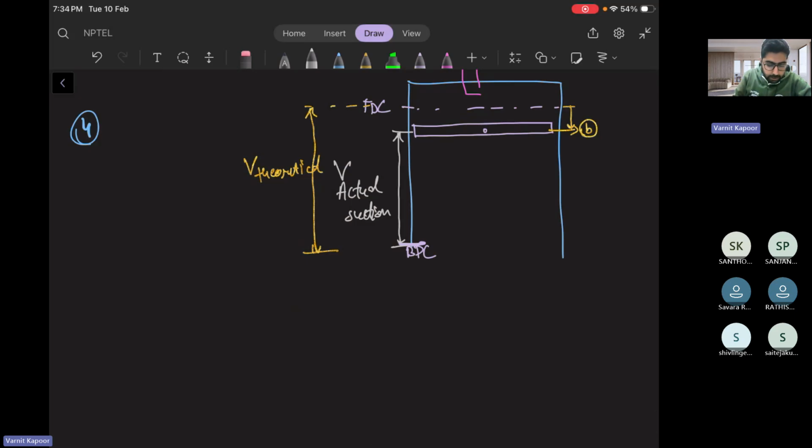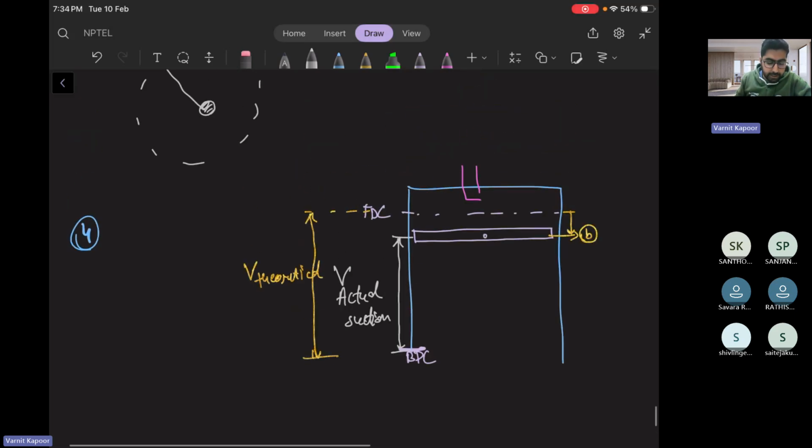So from this point, we can say that the cylinder pressure is at point B only.